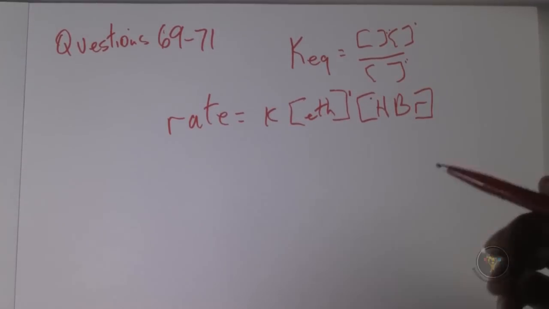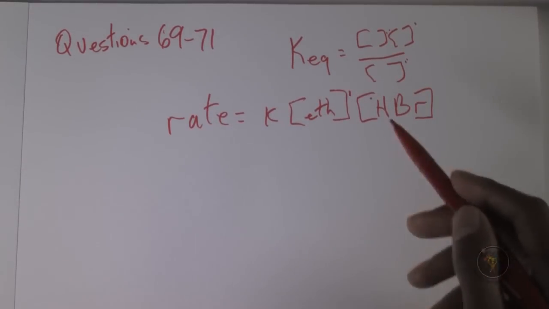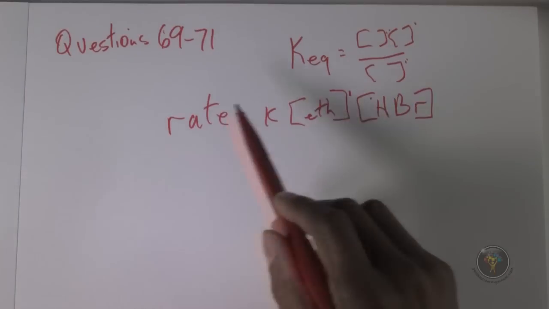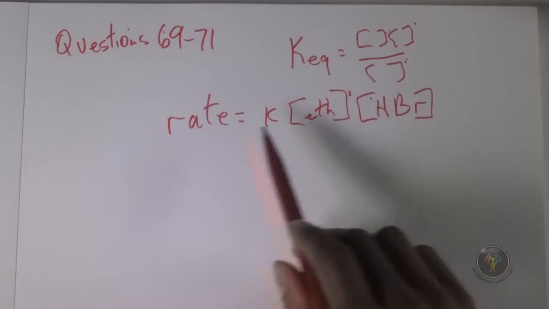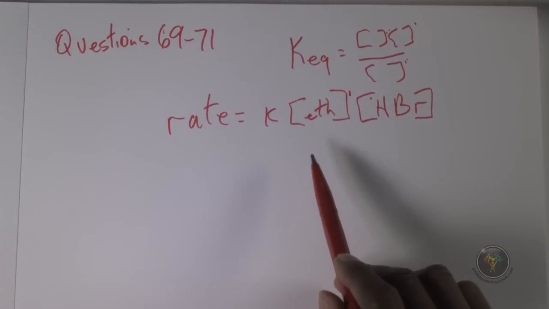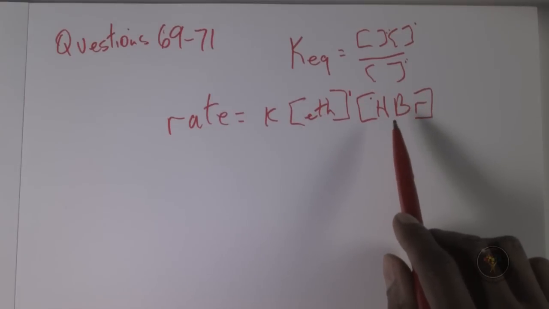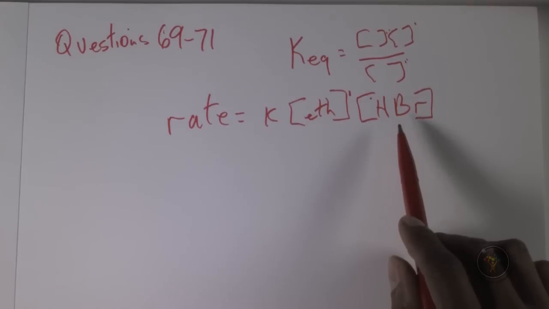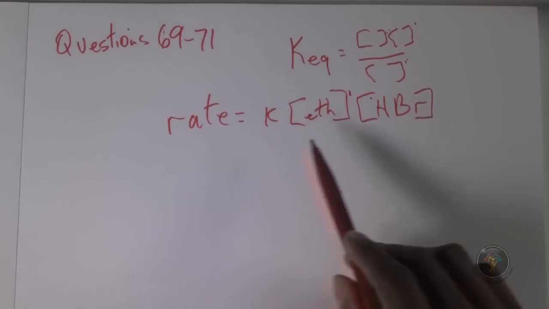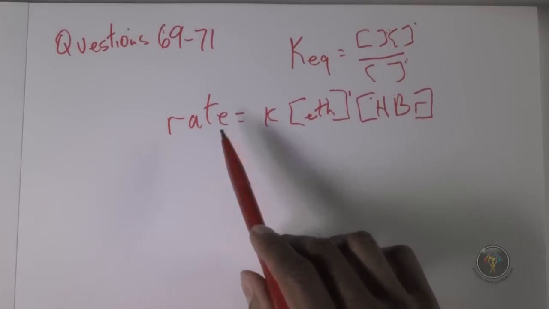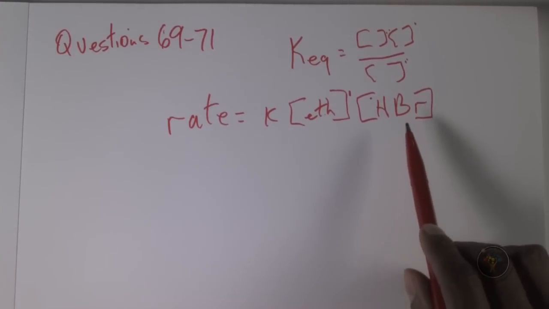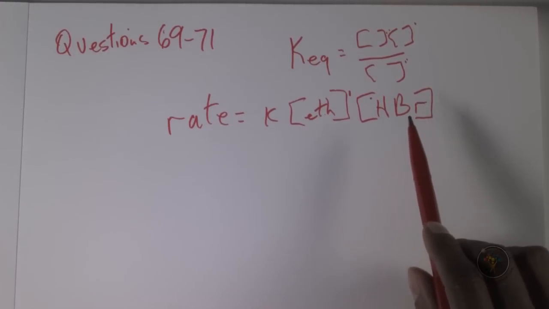Okay, so you don't have to write 1, but in your mind it's a 1-to-1 relationship, because if it triples, it triples, if it quadruples, it quadruples. So it's a 1-to-1 relationship here. And then they tell us that the rate quadruples if the initial concentration of hydrogen bromide is doubled.